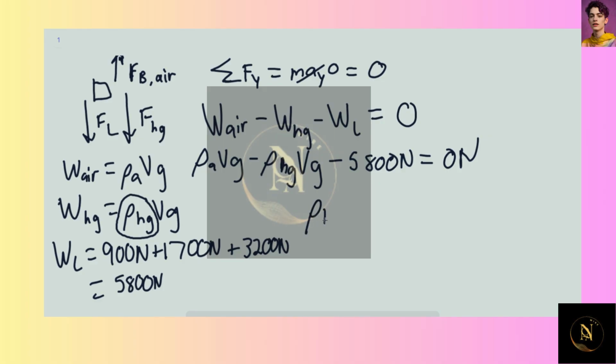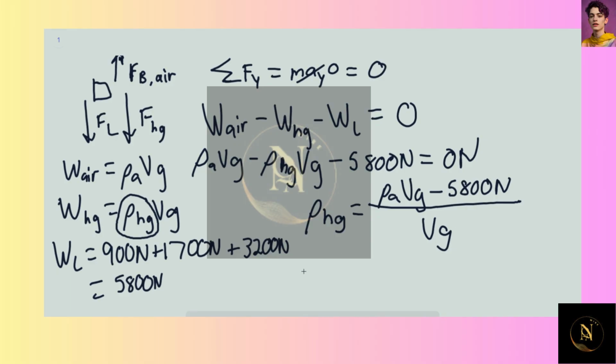So the density of the heated gas will simply be equal to the density of the air times the volume being displaced times the gravity, minus 5,800 newtons, all divided by the volume displaced times the gravity again.